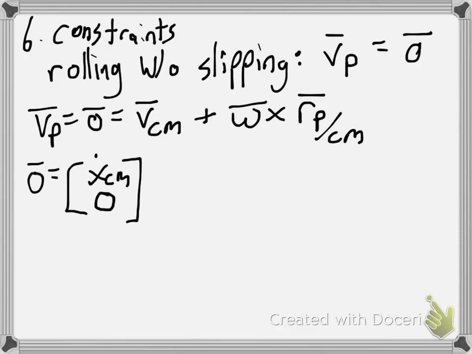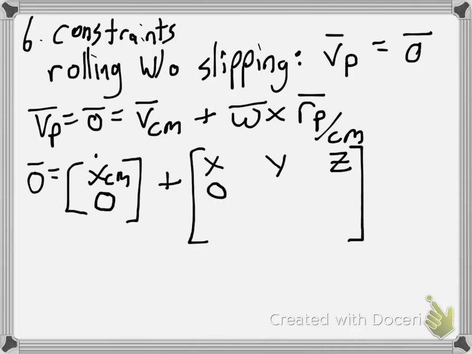Okay? Then I need this cross product. So plus a cross product in our xyz frame of omega. What is the omega vector in our xyz frame? Does it have any omega in x or y? No, right, those are 0. I have pure rotation about the z-axis.